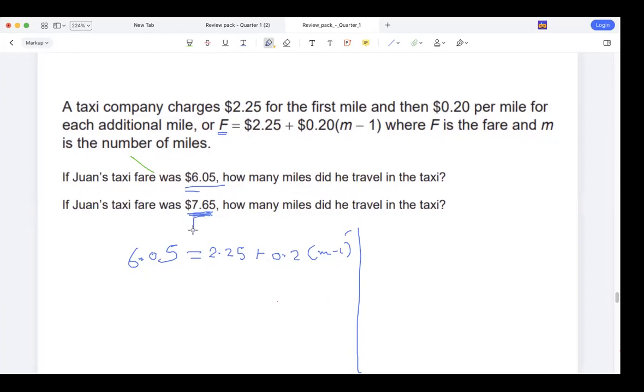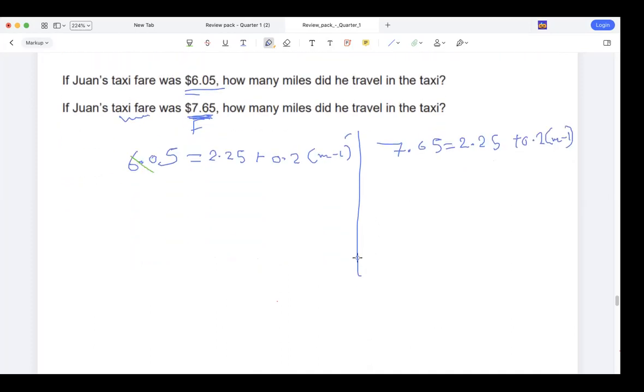The f also, this is the taxi fare. And this is the taxi fare, which is the f. So 7.65 equals, what do you have here? The rest of the equation, $2.25 plus 0.2 times m minus 1.